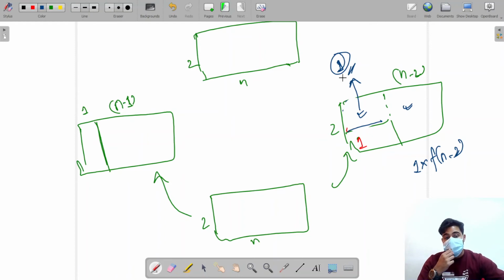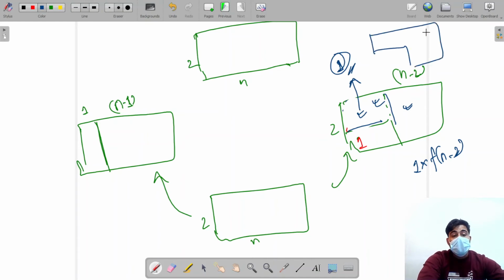As this part can be designed in only a single way, the number of ways of designing this whole part is nothing but the number of ways of designing the other part.